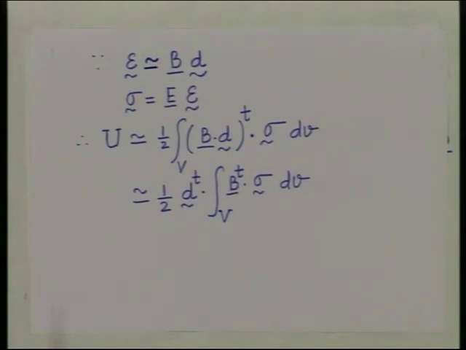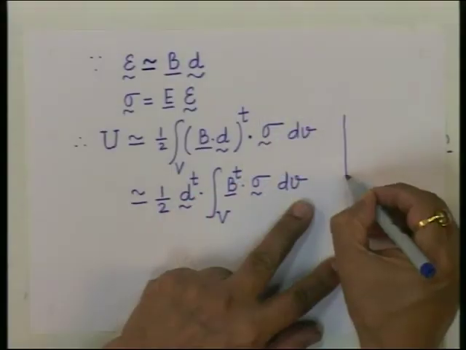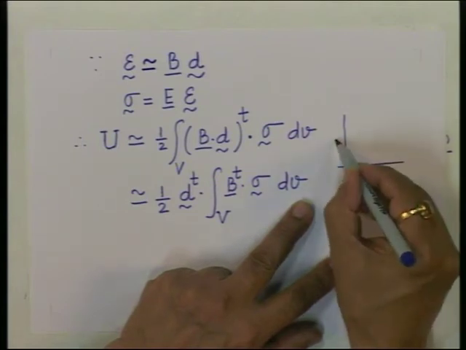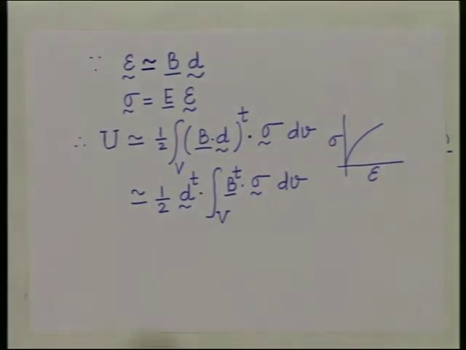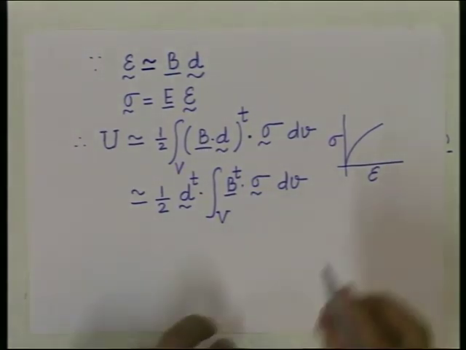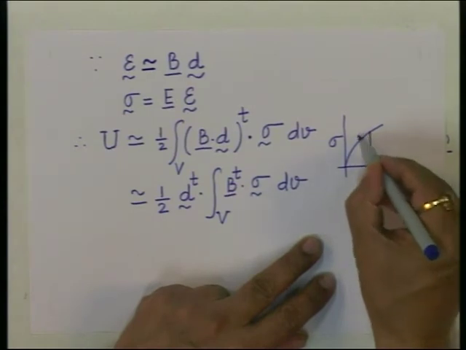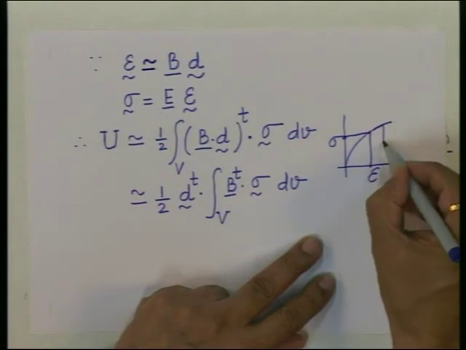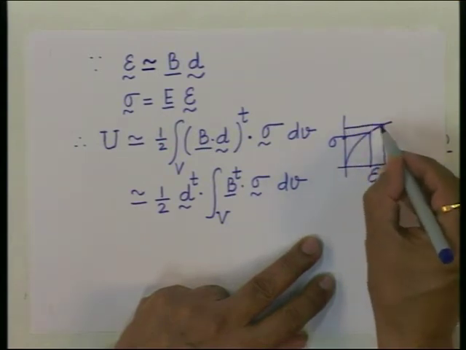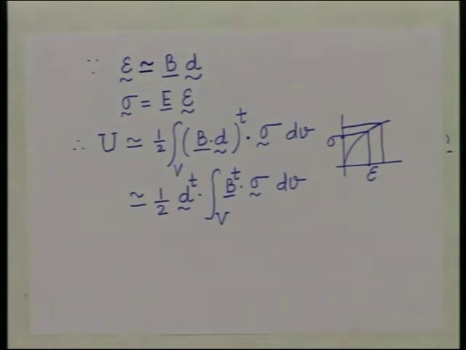In terms of the strain matrix and sigma, this is used as such for nonlinear problems. See, in a nonlinear problem, stress and strain are something like this, not linear. So, supposing you are at this location, you will have to take this. If you are somewhere else, it cannot be written as sigma equal to E times strain.